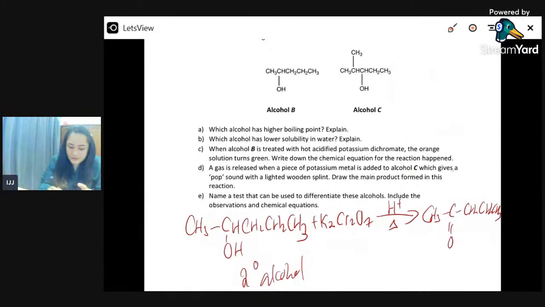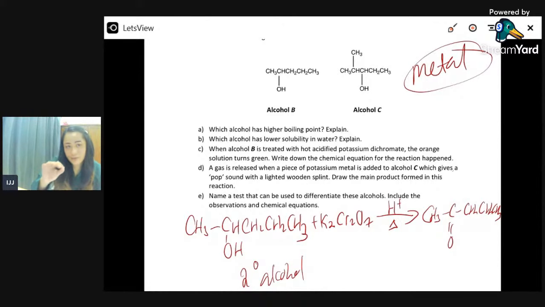If you use a lighted wooden splint and it produces a pop sound, this identifies the presence of hydrogen gas. So if there is a pop sound, it means hydrogen gas is released during the reaction. Okay, so draw the main product formed. So this is actually the reaction of alcohol with metal. You know that alcohol can react with metals from group 1 and group 2 of the periodic table.